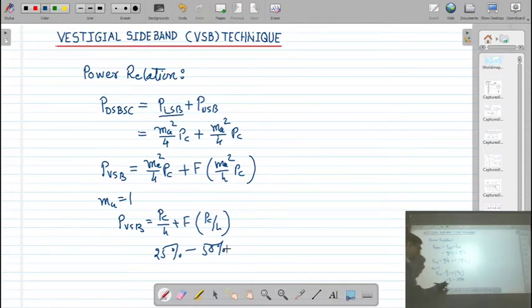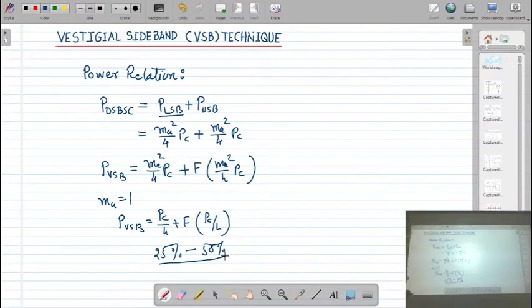And that's why the power of the VSB signal will be between 25% and 50%, and this is slightly higher than your SSB signal. Okay? So in this way we can calculate the power.